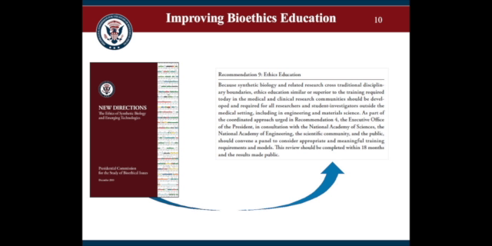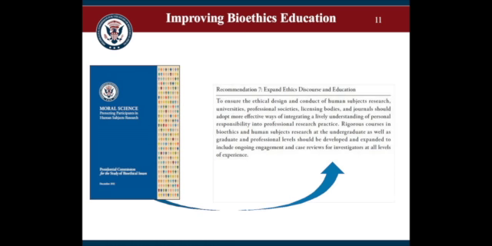And the Commission concluded in its first report that it is this mix of researchers and this mix of disciplines that make up these research teams that all need training in bioethics, that all need a baseline and a continuing training on these topics.